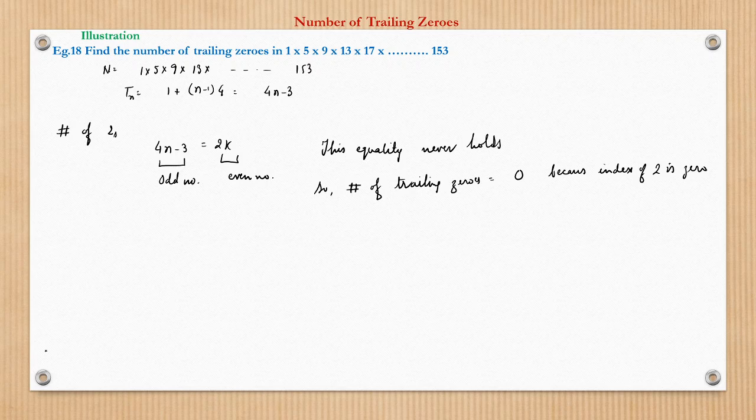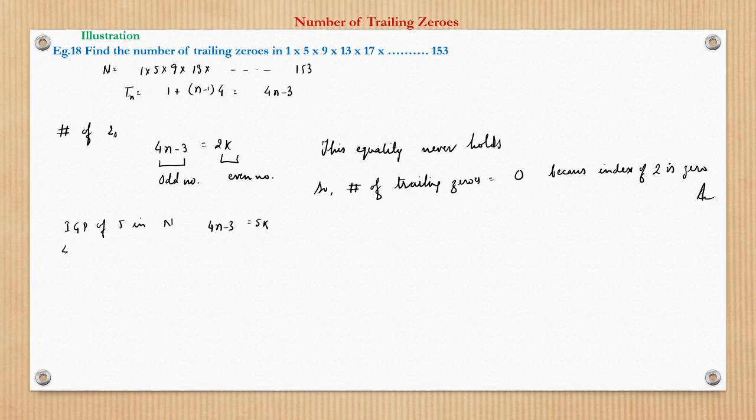Just for the purpose of development of the concept, I discuss here again how to find the index of 5 in n. Though it has no purpose in solving this question, we have already obtained the answer here, but just for the sake of your understanding, index of 5. So again, what we do, we equate this 4n minus 3 to 5k.